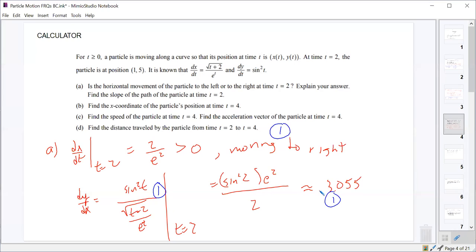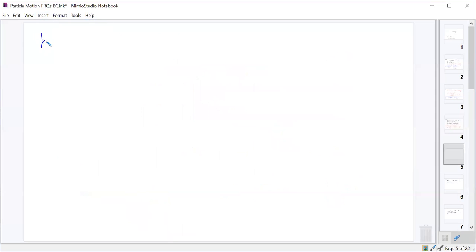Part B, very similar to what we were looking at in part B of the last one. We just want to find the x coordinate of the particle's position at t equals 4. So we need to find the displacement from 2 to 4, and then add to that the initial x component at 2. So for part B, we'll just say that our position at 4 is the initial x component plus the integral from 2 to 4 of our dx dt value.